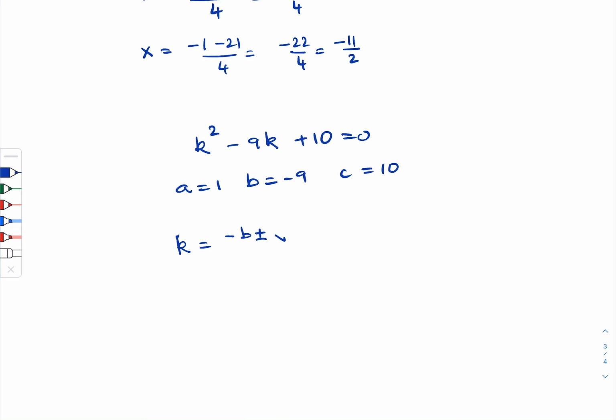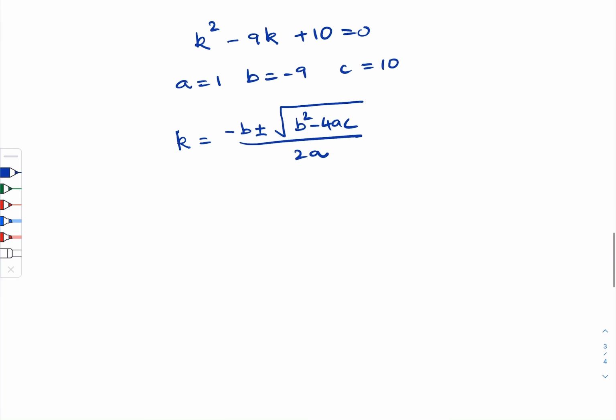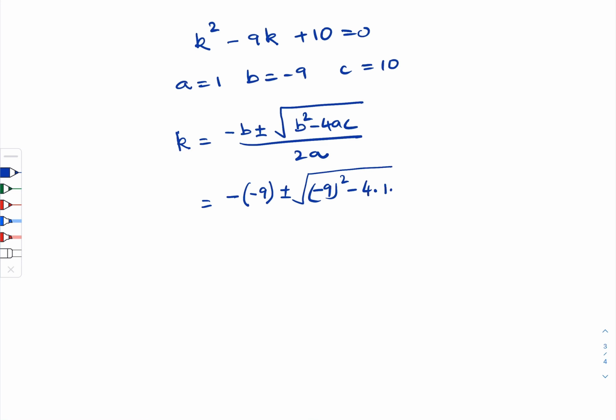Minus b plus minus square root of b squared minus 4ac over 2a, right? So minus b plus minus square root of minus 9 squared minus 4 times a, which is 1, times c, which is 10, over 2a, 2 times 1.